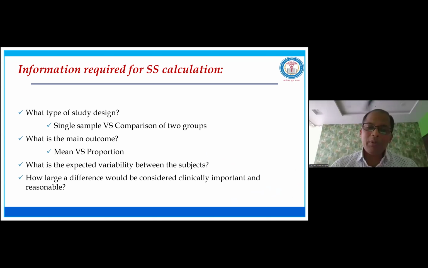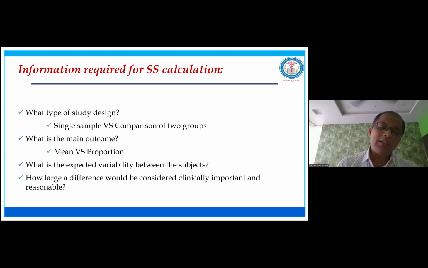There is information required to calculate the sample size. What type of study design, meaning the epidemiological method; whether we are taking one sample or comparing between two samples; whether the outcome is a mean or a proportion; what is the expected variability between the subjects; and we also have to think about the margin.